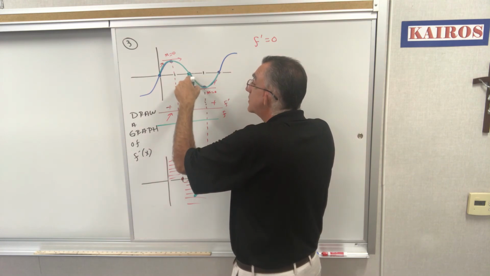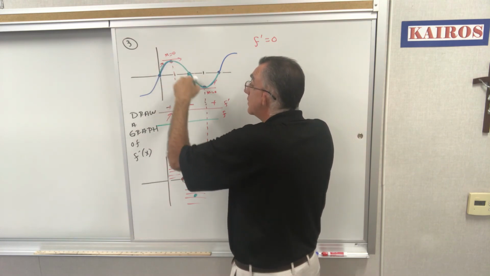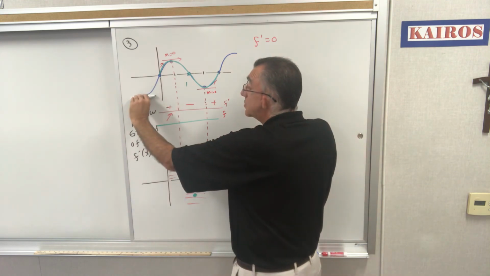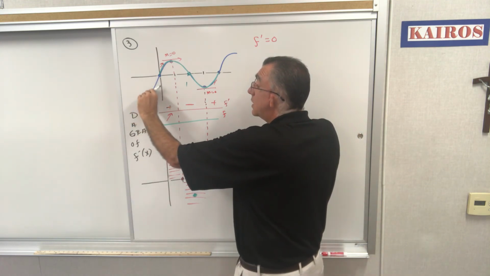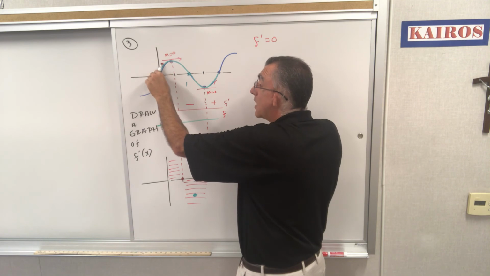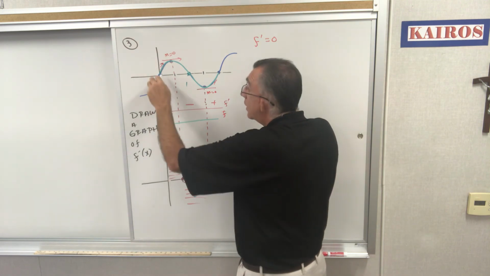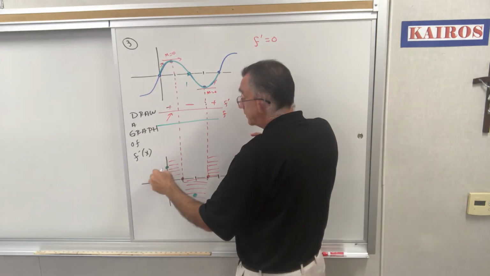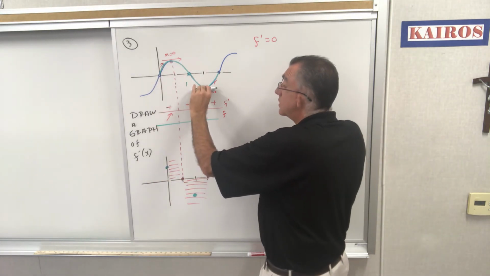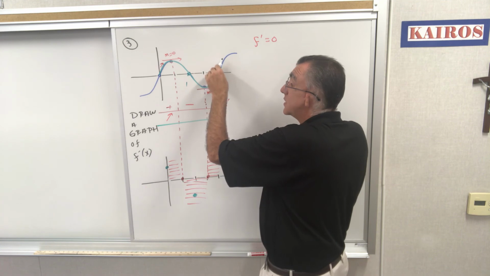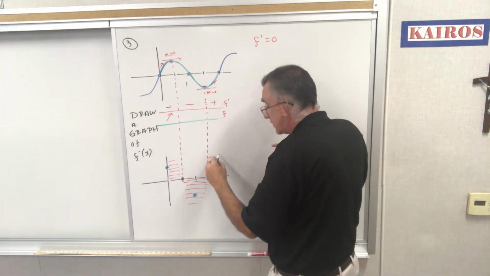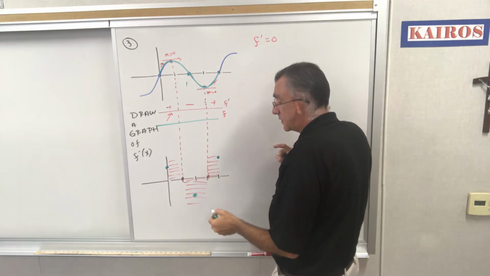When it switches from concave up to concave down, that's where it's going to be at its most. Same thing here. Notice the derivatives are positive, 0, and the derivatives are positive, so the most positive is there. And then over here, 0, and then the most positive here, because the slopes go back to 0 again, so the most positive there, don't they?